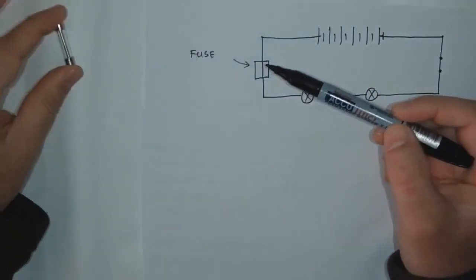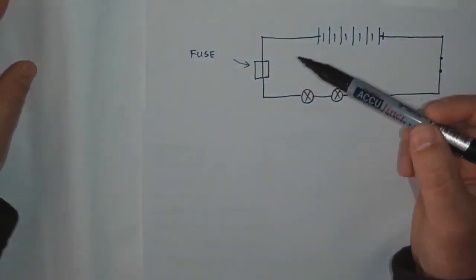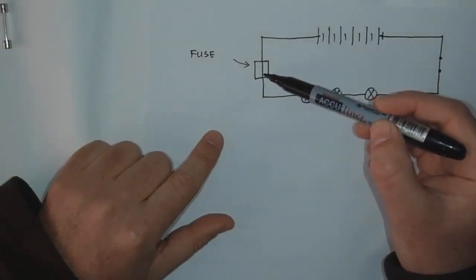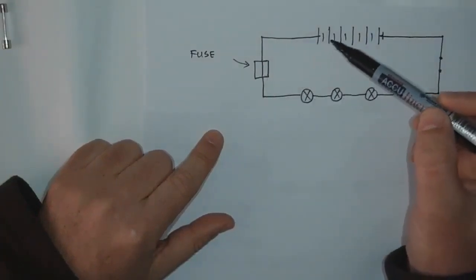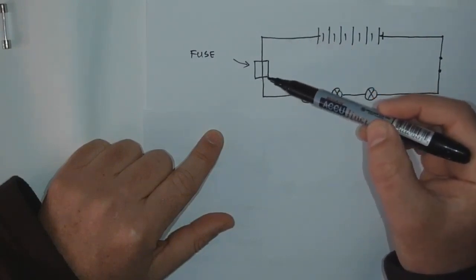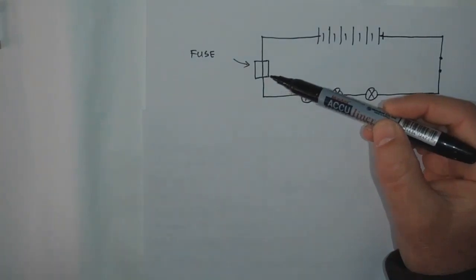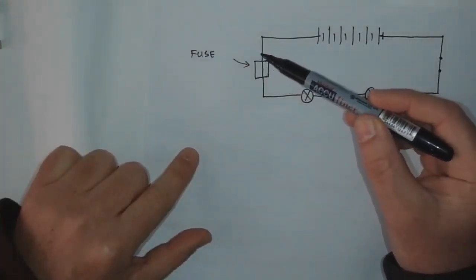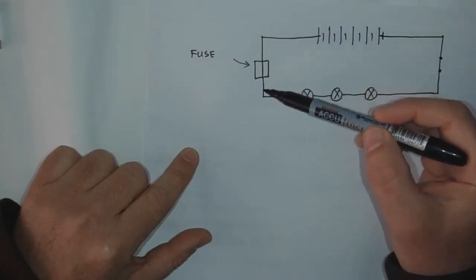Now, a fuse is designed in such a way that that little heating wire will burn off the moment that the current that flows through the fuse exceeds the maximum amount of current that it was designed to allow to flow through.